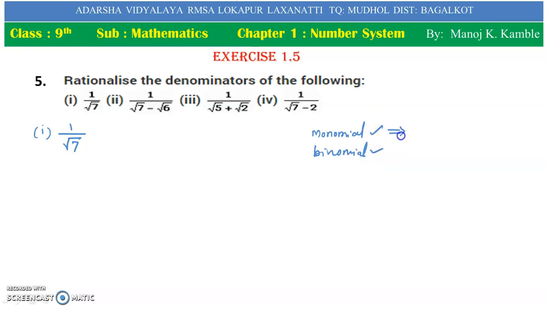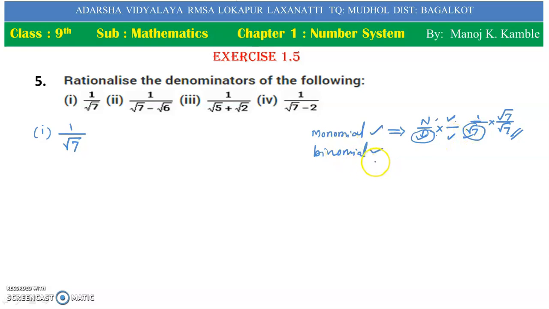If a monomial is present in the denominator, then for rationalizing we multiply both numerator and denominator by the same number that is present in the denominator. For example, if square root of 7 is present in the denominator, it is a monomial, so we multiply both numerator and denominator by square root of 7.